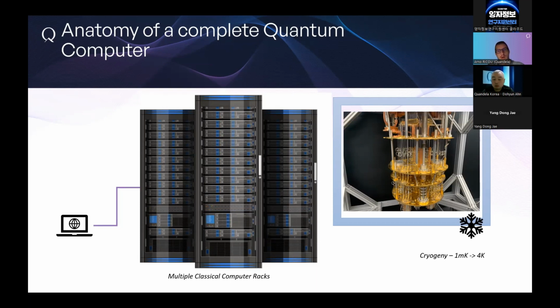So it's more accurate to call it a quantum processing unit, just as you also have a graphical processing unit, where some tasks will be dedicated to this processing unit. And here on the right is a picture of a superconducting quantum computer, which is what IBM has, for instance.